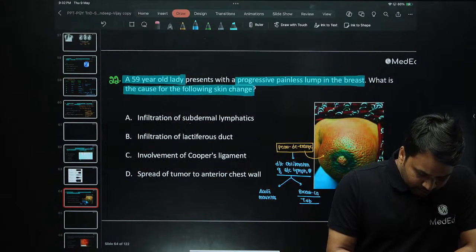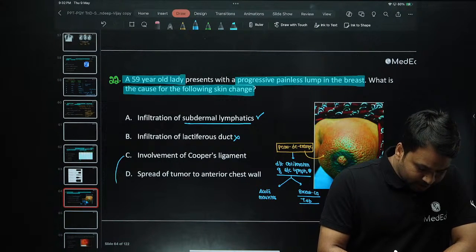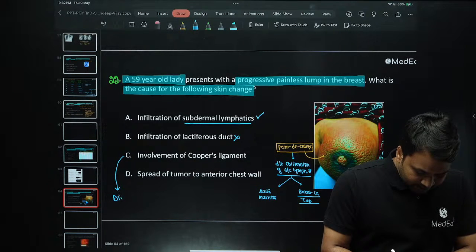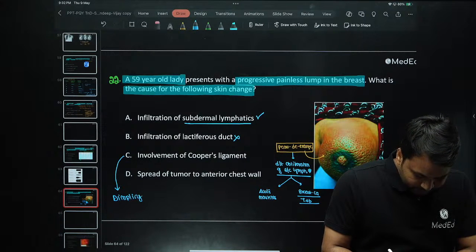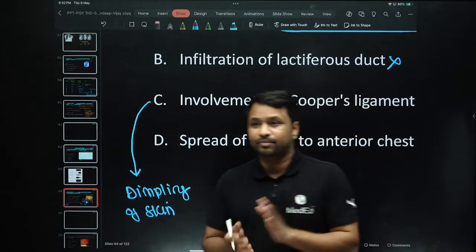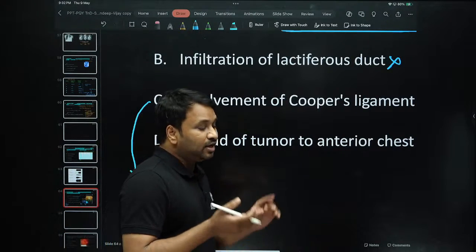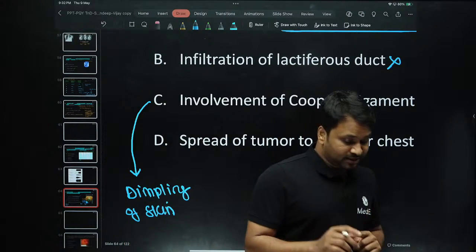Infiltration of subdermal lymphatics is the most obvious answer here, not the lactiferous duct. If there is involvement of Cooper's ligament, it will result in dimpling of skin. Does dimpling of skin change the stage? Remember, the dimpling of the skin does not change the stage of the disease, but the peau d'orange definitely changes the stage of the disease.